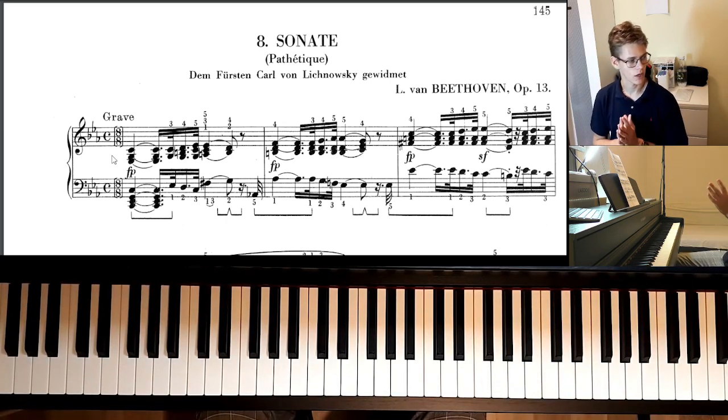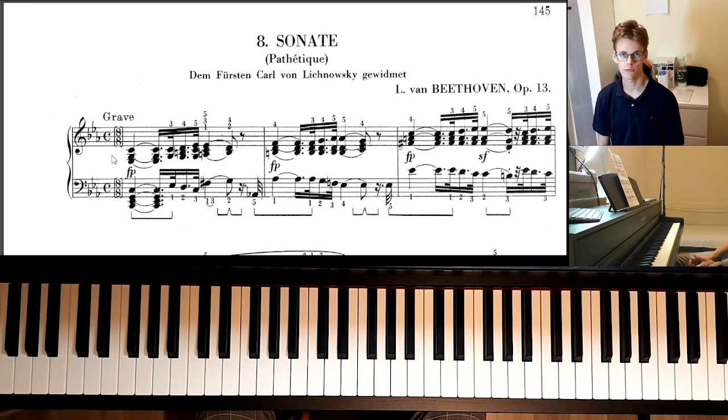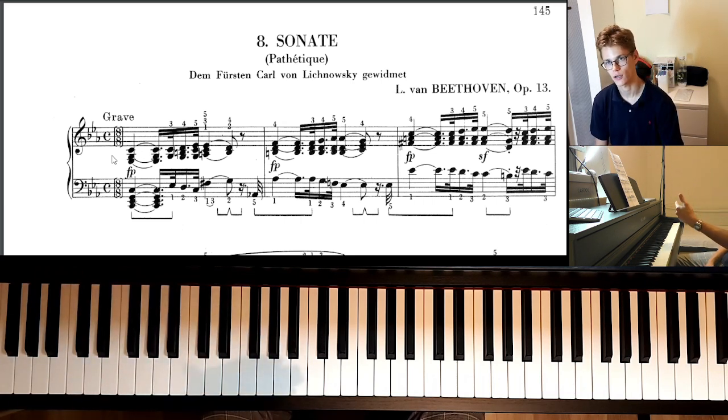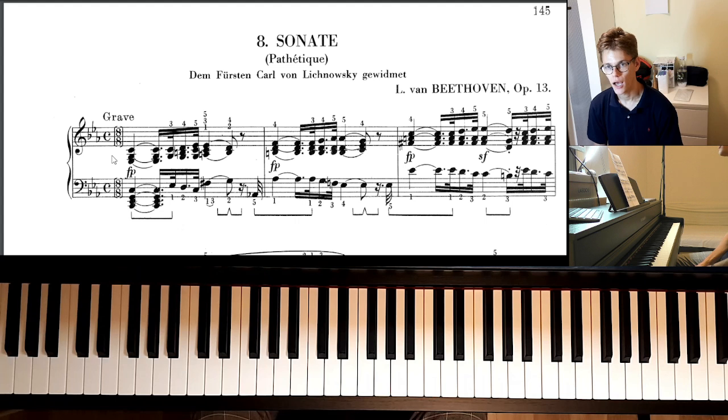So the fourth thing is, what is the basic structure of the piece. This is a little bit more advanced, but it will help you determine how long the piece is. Like we said, if we are practicing the first movement, it's 9 pages.